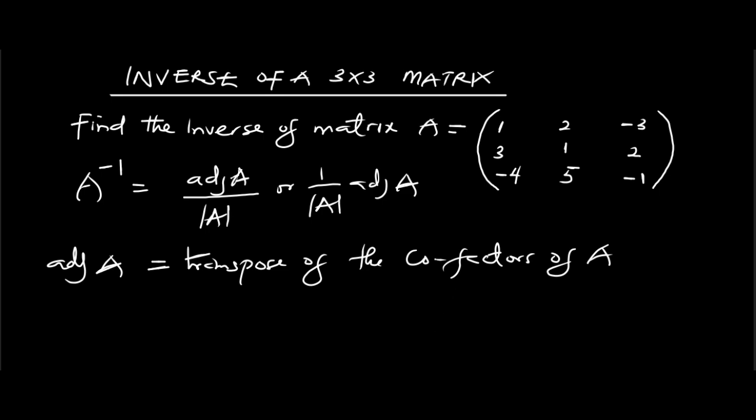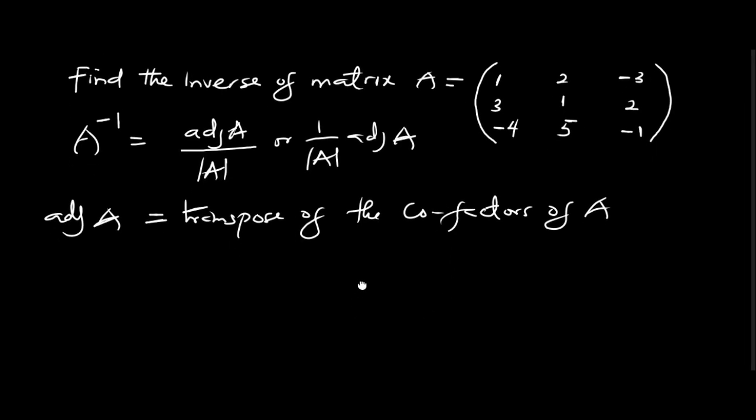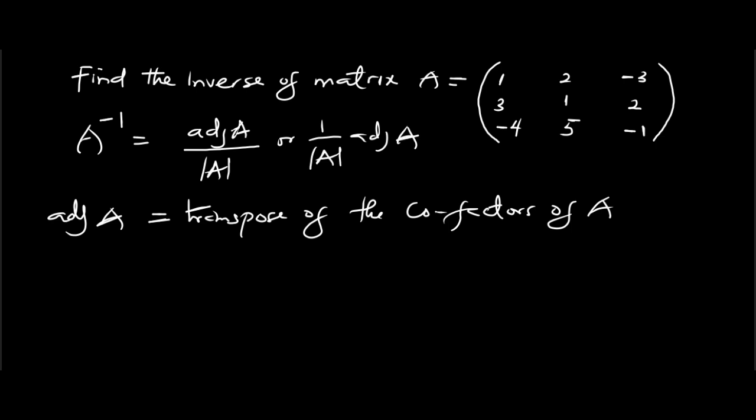That will give us the adjoint that we need. So how do we find the cofactors of A? We need to expand this matrix along the first, second, and third row. That is, we need to find the minor of each of these elements.